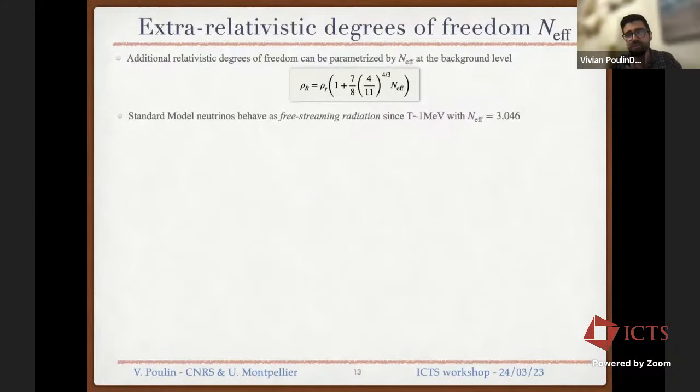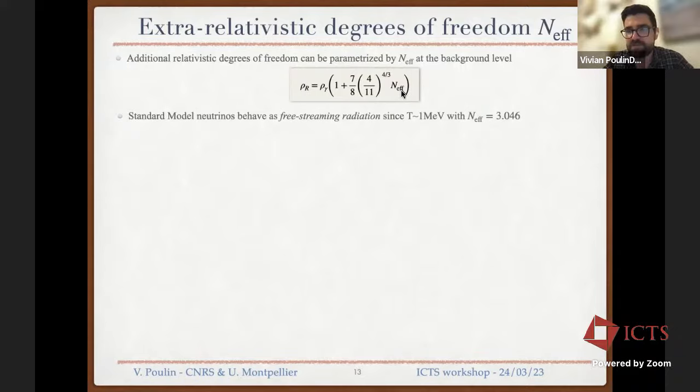So the most naive thing that you can do is simply say that you have extra relativistic degrees of freedom, an effective parameter that is usually parameterized at the background level by simply rescaling the number of neutrino-like species in the universe. So for the standard model, you would predict something close to 3.